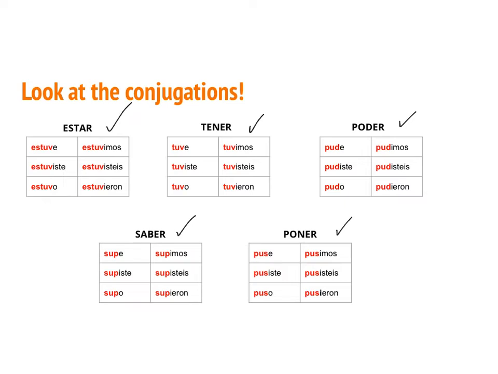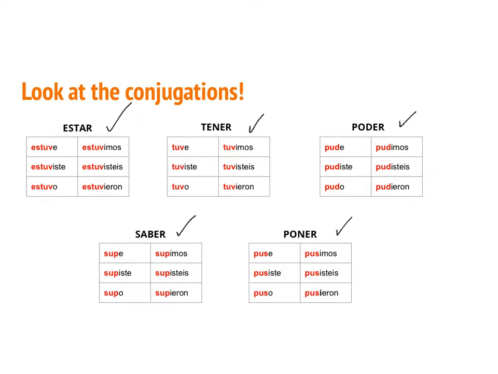So, good language learners find patterns. They are like detectives trying to find clues when they look at verbs and structures in Spanish. So why don't you take a close look and try to come up with the reason why Spanish teachers group all of these verbs together when talking about their conjugations in the preterite.